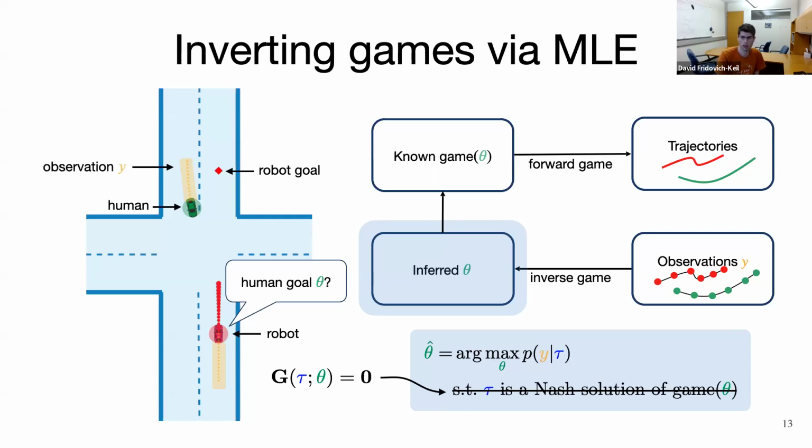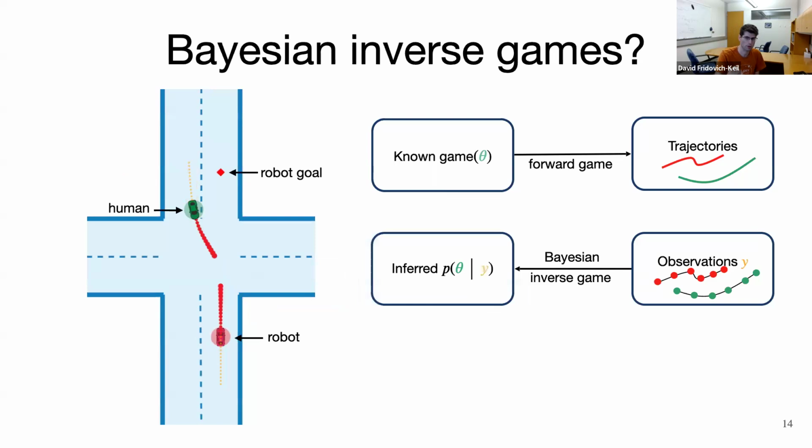Anyway, in this talk, what I'm going to tell you about is fixing this point estimate problem. In other words, rather than just getting a point estimate of my best guess of what theta is, for planning purposes, for actually making decisions based upon a model of a game, it would be nice if I could recover a model of uncertainty about what I think the other player's objectives are.